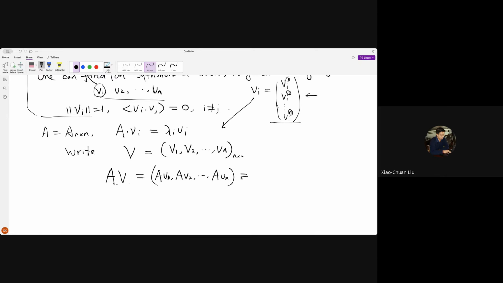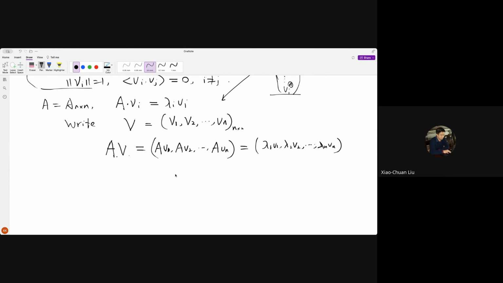By definition, it is lambda 1 V1, lambda 2 V2, until lambda n Vn. And then actually it equals V times another matrix, which I write this way.